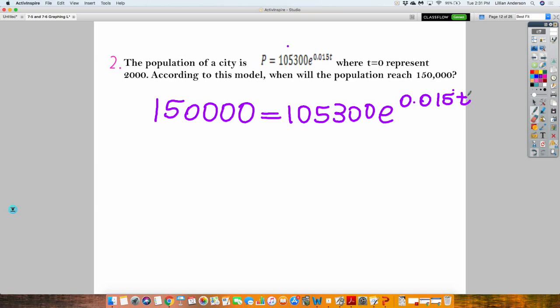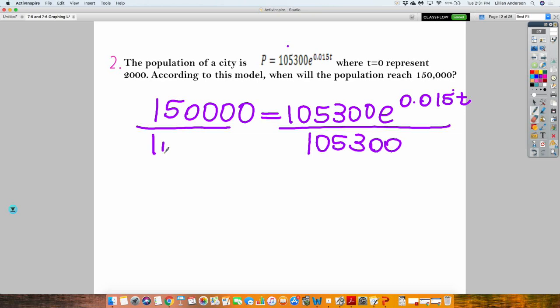How do I start with solving this problem? I need to divide by what? Yes, I need to divide there. And I do understand that this is probably some nasty decimal. Am I right or am I right? Okay, it's not pretty.